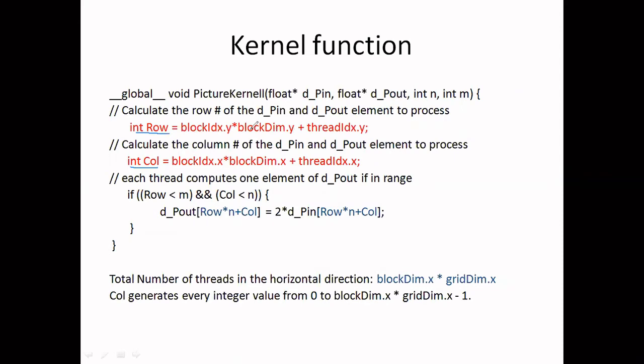For each thread, you understand that you will have a unique thread index, as well as the block index in which block it is, right? However, thread index will always be unique. So if you want to find in which row this particular thread is, you will multiply its block index by block dimension.